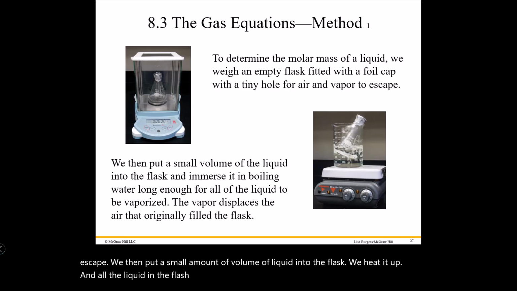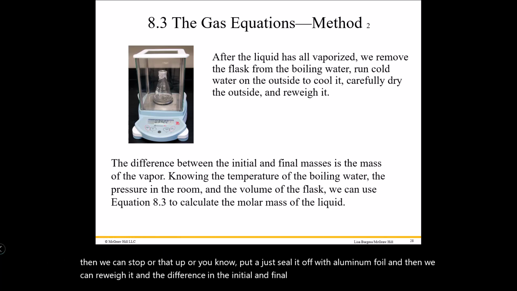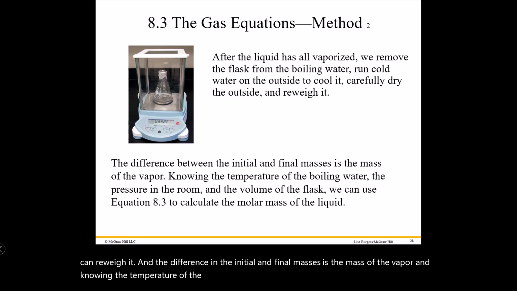The vapor displaces the air that was in the flask, and then we seal it off with aluminum foil and reweigh it. The difference in the initial and final masses is the mass of the vapor, and knowing the temperature of the boiling water, the pressure in the room, and the volume of the flask, we can determine the molar mass of the liquid.